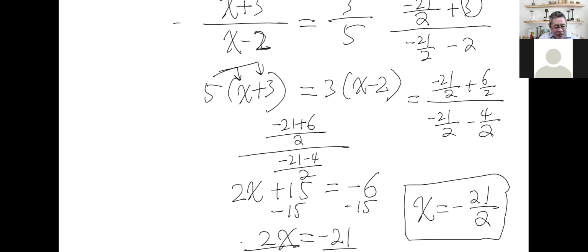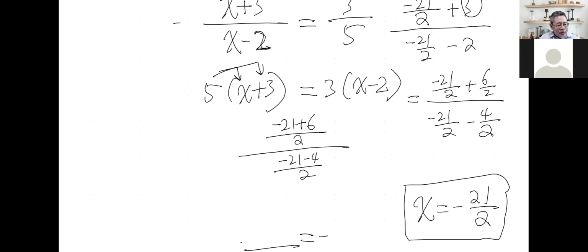Yeah, we're good here on this one. And this is just checking it, right? Yeah, we're just checking it. Okay. So now we got negative 15 over 2 divided by negative 25 over 2.